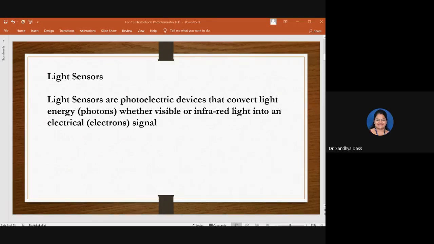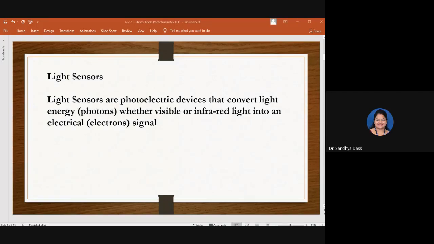Okay, so moving ahead, as I mentioned, let's go through little basics of light sensors here. So light sensors, they're also called photoelectric devices or photosensors. So these devices are the ones which convert light energy, that is photons, whether visible or infrared light, into electrical signal.